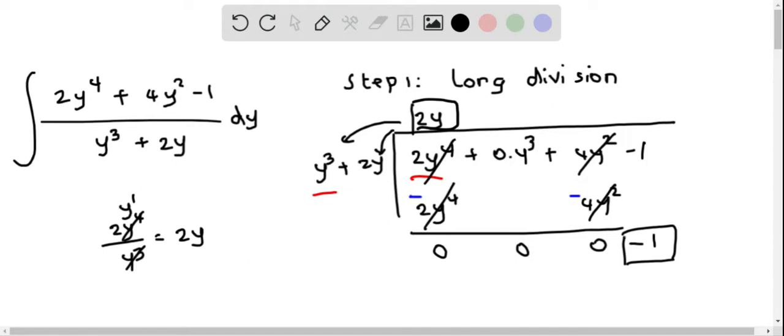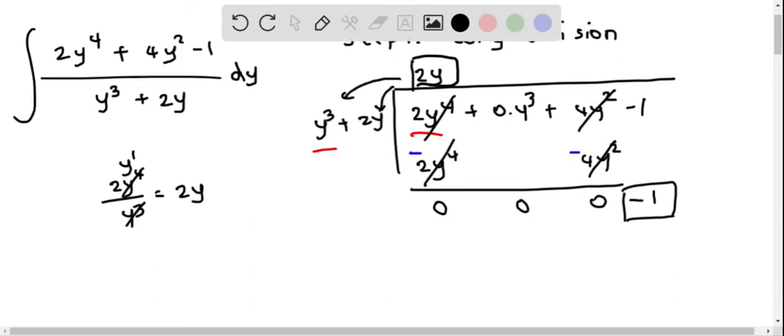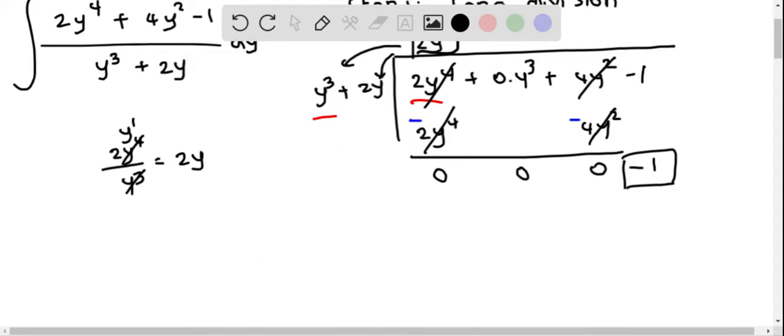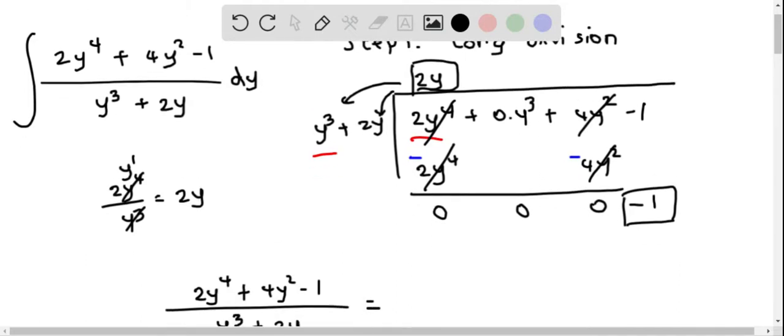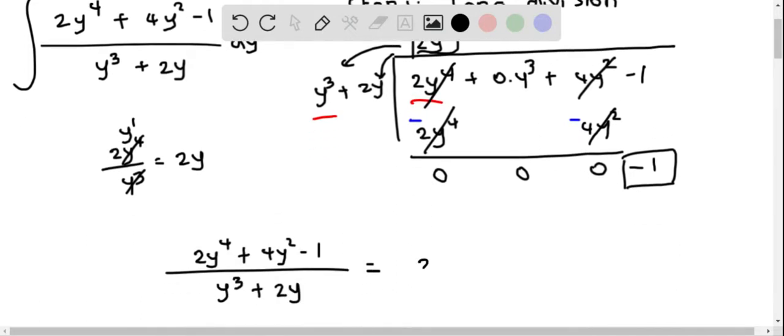So we have done this long division, and therefore we can write the rational function 2y power 4 plus 4y squared minus 1, divided by y cube plus 2y, as follows. We write the quotient first. The quotient after long division is 2y.